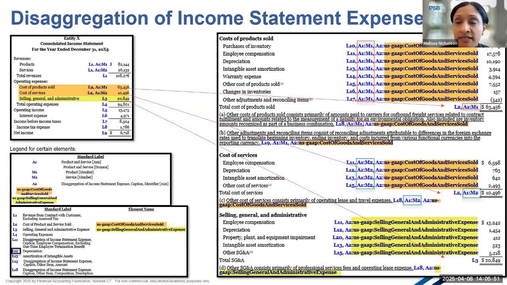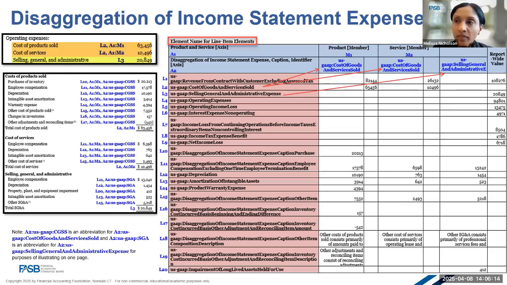Now, for the cost of services, in addition to using the respective line item elements with the A2 caption identifier axis, the A1 product and service axis and respective member elements shown here as M2 in the green box are also intended to be applied. So next slide, please.